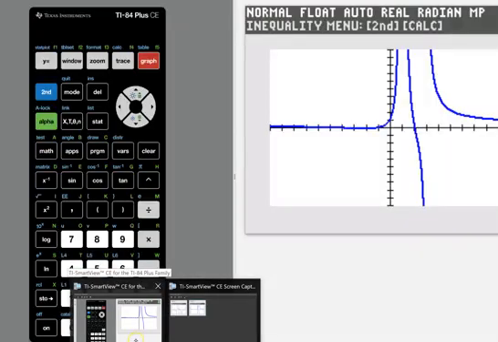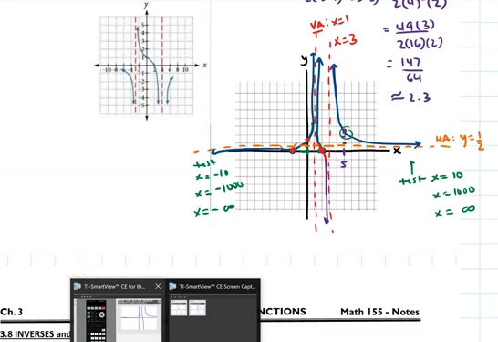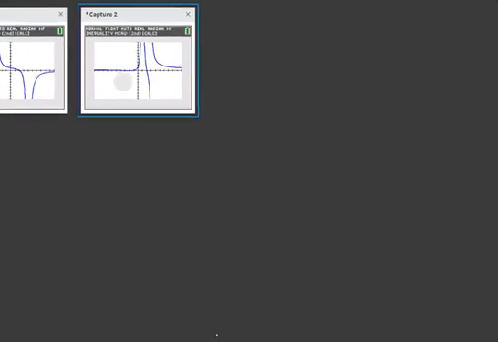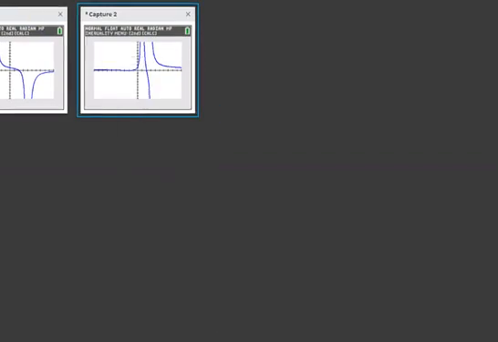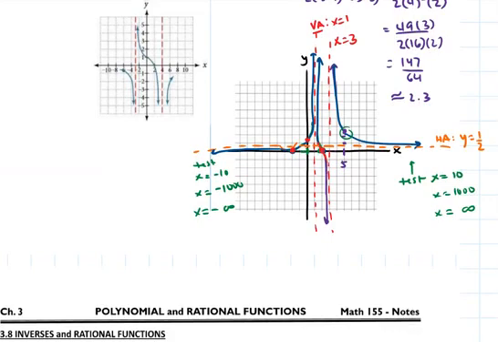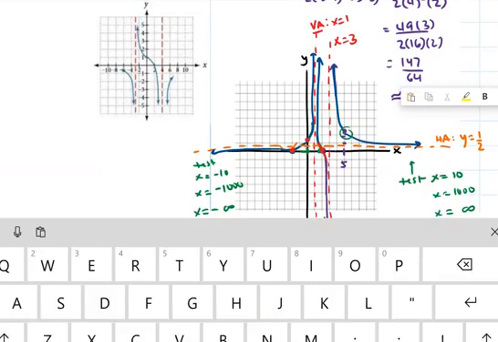Okay, so look at that. Oh, you can't see it anymore, huh? Let's try one more time. I always like to really verify. See if I can paste it over here somewhere.